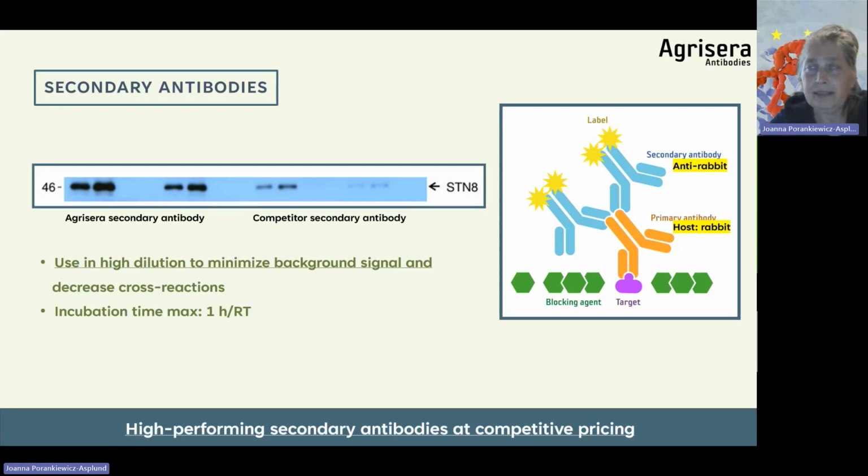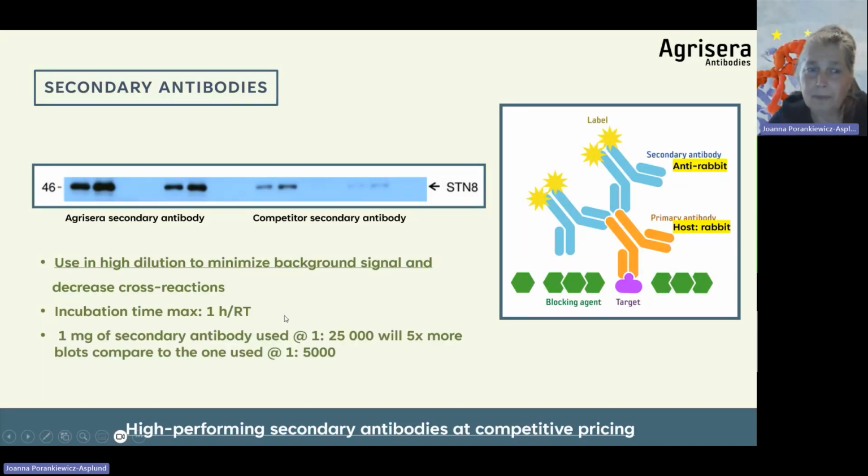If you incubate too long with the secondary antibody, it may actually lead to increased background signal. So 1 hour is definitely enough. And the Agrisera secondary antibody, goat anti-rabbit, can be used, as I said, in dilution 1 to 25,000. So this will last for quite many more blots, maybe for your whole thesis.